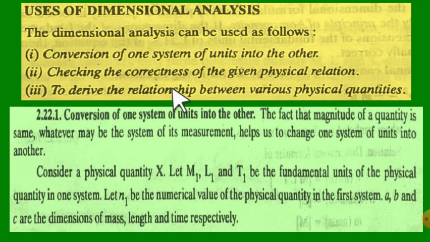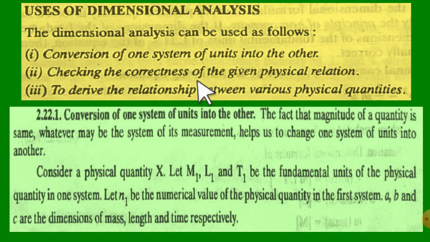We can only say whether it is correct or not, that much only. We can't say that the given expression is exactly correct, because if that expression has some constants, then we can't say about the correctness of those constants. We can only say that the given equation is dimensionally correct.